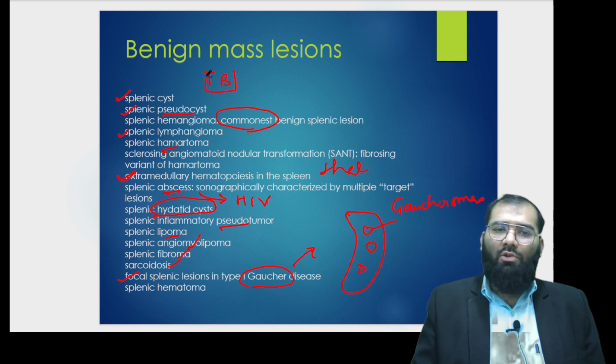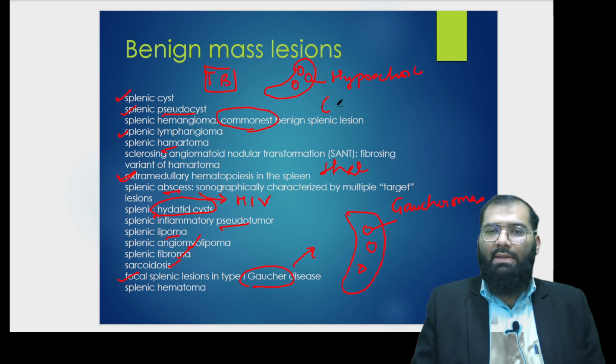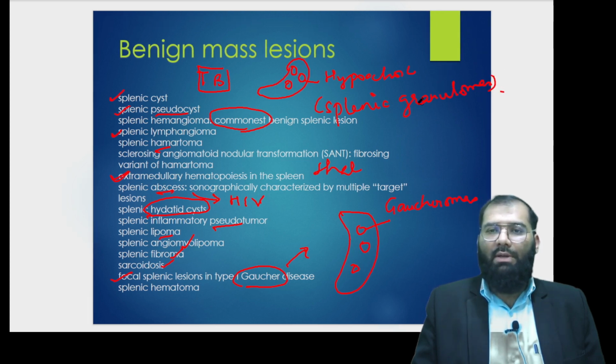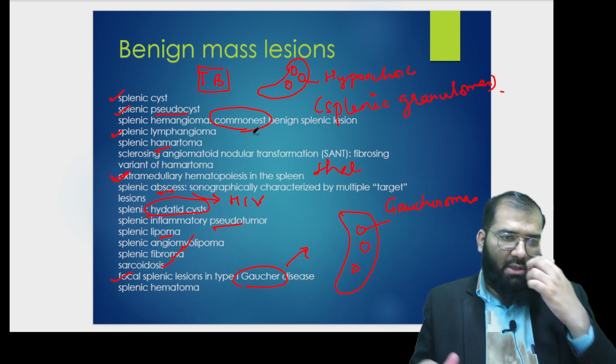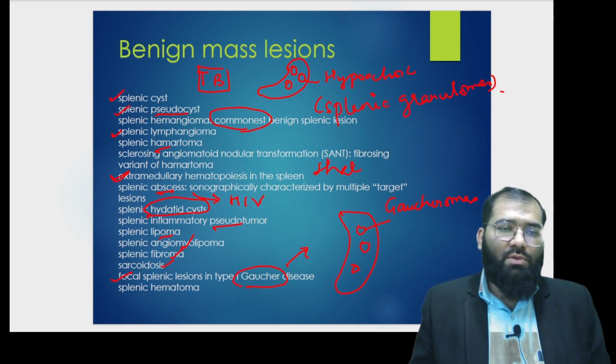In case of TB also, you will see inside the spleen multiple hypoechoic areas. This represents splenic tuberculous granuloma. So these are important pathologies which you should know when it comes to the spleen.